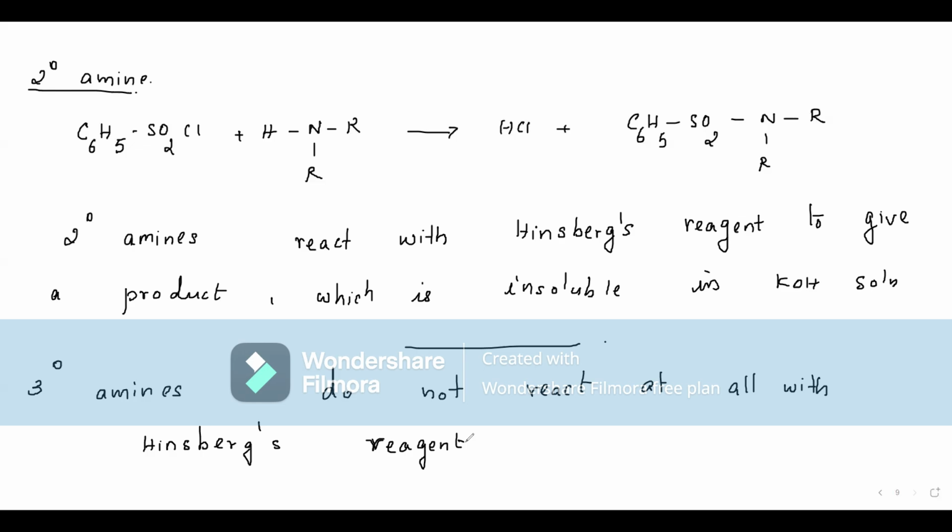Tertiary amines have no reaction with Hinsberg's reagent. All right, so that is about a test to distinguish between the three types of amines. So with this, in this video, that is our part 3 video, we have completed all the chemical properties of aliphatic amines, including a test to distinguish between the three types of amines.